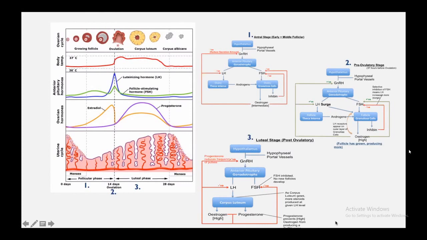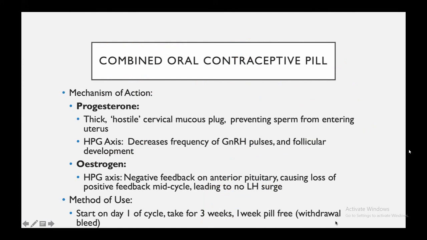The mechanism of action of your oral contraceptive methods is that progesterone prevents high concentrations of estrogen, acting on the hypothalamus to reduce the frequency of GnRH pulses, and also inhibits FSH, which therefore prevents any new follicles from developing.